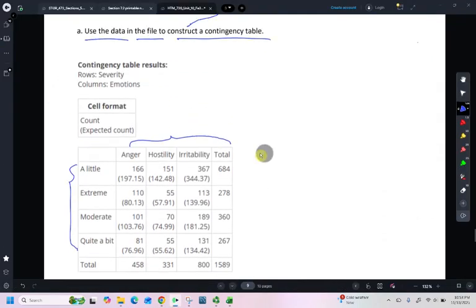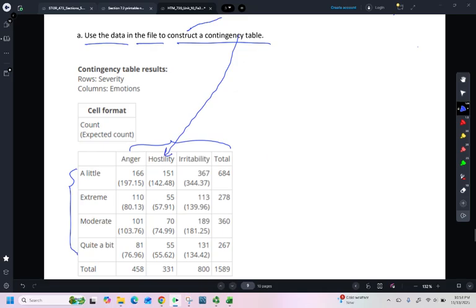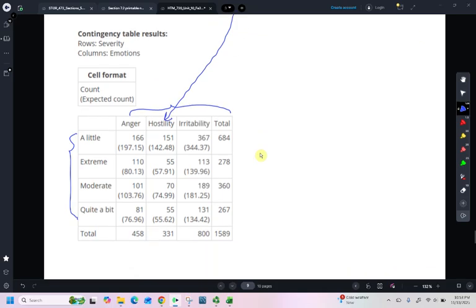So we have completed the contingency table, and we can see the tabulation of the data values. In particular, we can see that 166 of those sampled experienced anger just before an accident, and they ended up having a little accident.